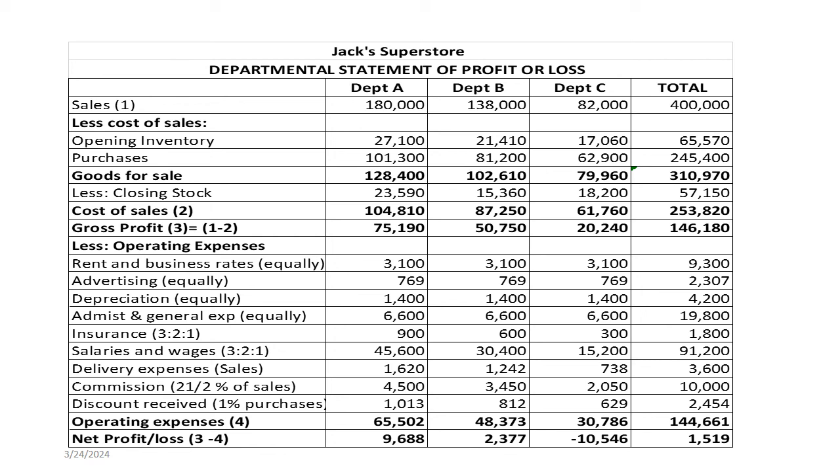So in general, we have a total net profit of 1,579. So you see that this helps us to know the performance of each department, the departments which are doing well and the departments which are doing badly. Thank you very much.